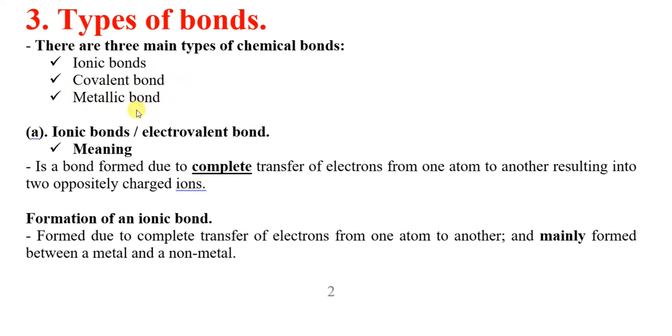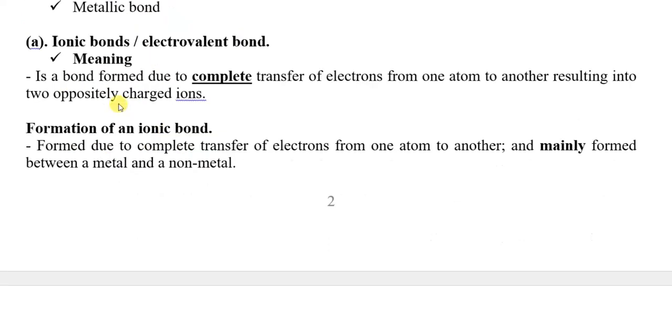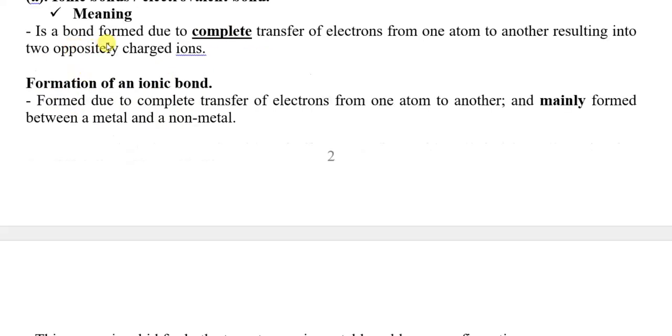So we will start with ionic bonding. Ionic bonding is also called electrovalent bonding. Why is it called electrovalent? Because here we have a complete transfer of valence electrons from one atom to another. So what is ionic bonding?